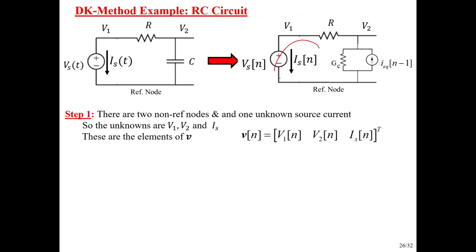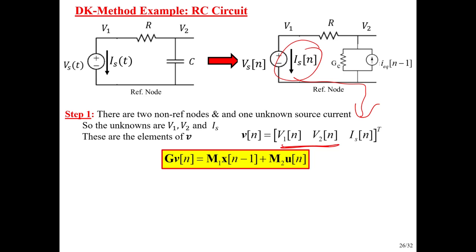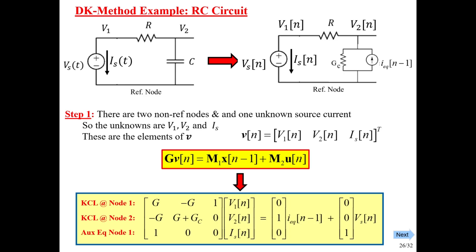So this goes into the third entry there after I populate the two node voltages. Okay, there's my general form, and we derived that in the previous slides. So that's the structure that I need to come up with.